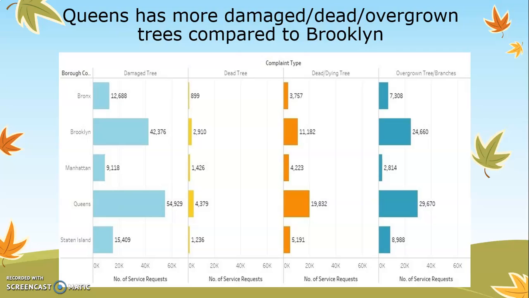Queens had over 50,000 service requests for damaged trees, 4,000 service requests for dead trees, and almost 29,000 service requests for overgrown trees. Brooklyn is next with over 42,000 service requests for damaged trees and almost 24,000 service requests for overgrown trees or branches. Manhattan, on the other hand, had fewer service requests.